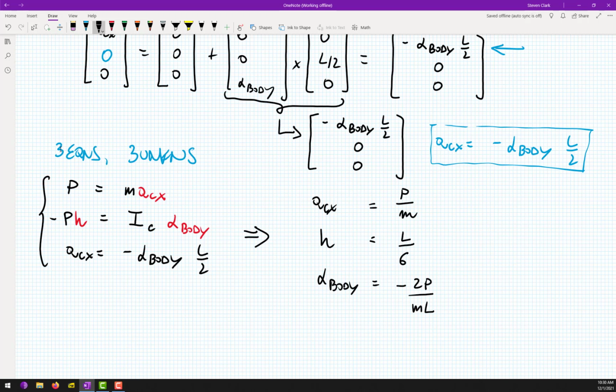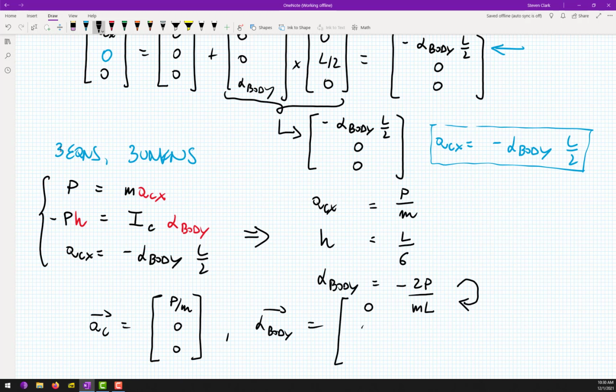Alpha body rotates clockwise, so we should obtain a negative value. So our AC is basically equal to P over M, 0, 0. And our alpha body, vector-wise, is equal to 0, 0, minus 2P divided by ML. Yeah, this is clockwise.